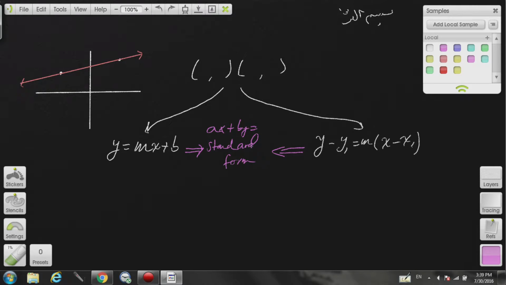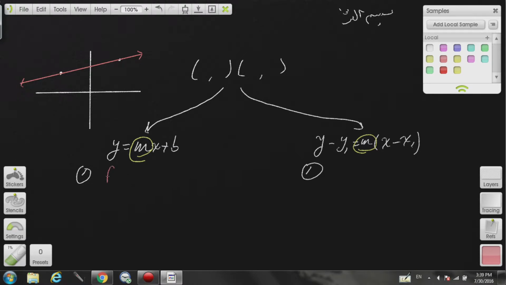If you're given 2 points and you want to find the equation of the line that goes through those 2 points, the way to do it is in these 2 forms. The first step is easy, as you recall. In both of these, you have to find the slope. Can't get away without finding the slope. The second step here is once you find the slope, then you find the y-intercept, find b.